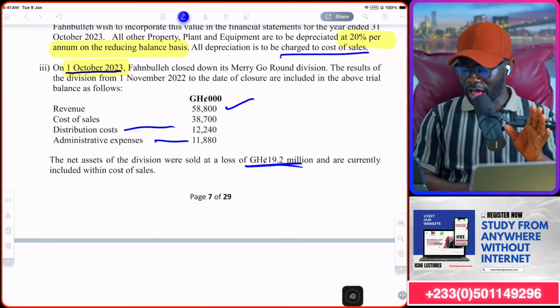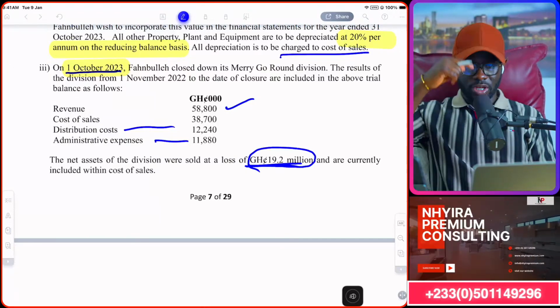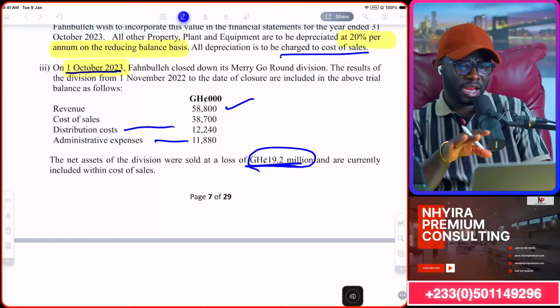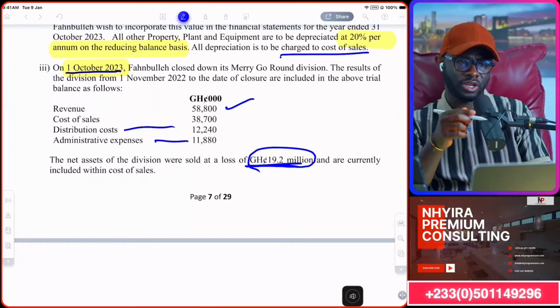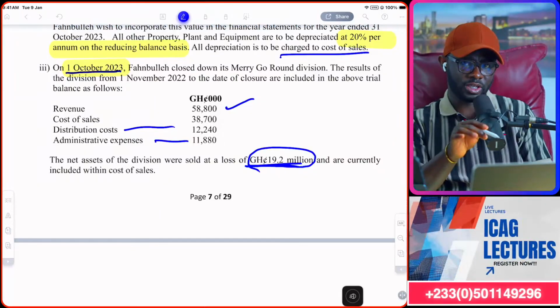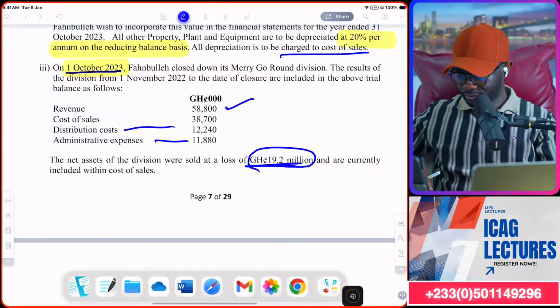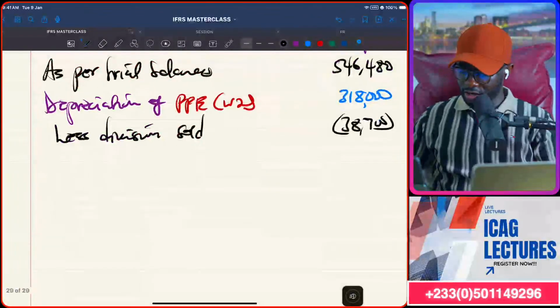So relax. This loss of 19,200 is included in the cost of sales. But really, loss from disposal of a division should not be part of your cost of sales. So that is a wrong accounting policy application. So we have to take out that loss from there in the cost of sales.